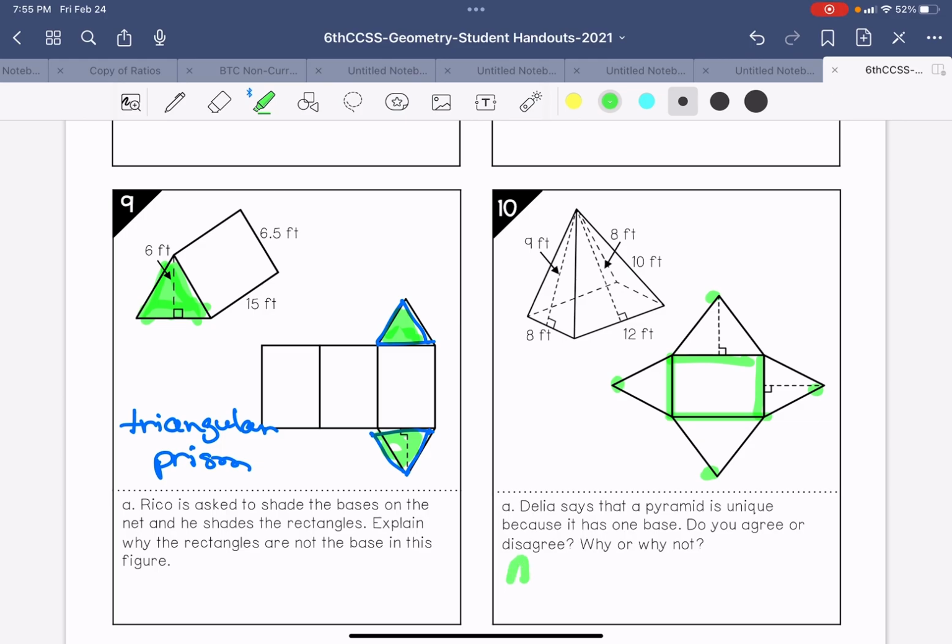Yes, I agree, because a pyramid only has one base and the other is a vertex where the points come together. Okay. Stop the video and see if you can answer the questions on the next page. Good luck.